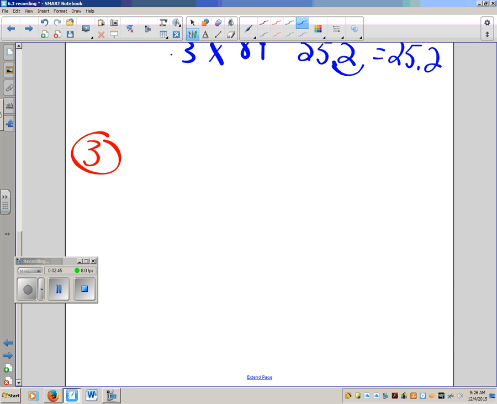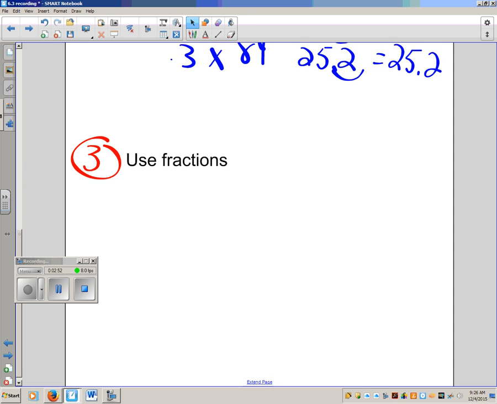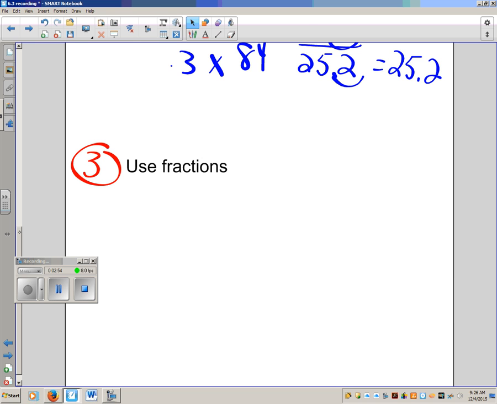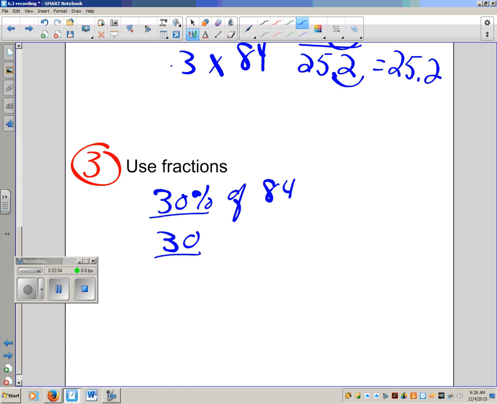One more way. You can use fractions to find percents every time. 30% of 84. 30% is 30 over 100, which reduces to 3/10.